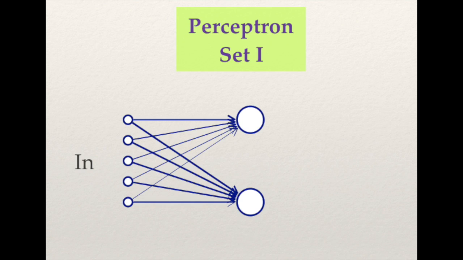And these 2 perceptrons, of course, produce 2 outputs, and that set of perceptrons combined with the input of the data is called one layer in a neural network.